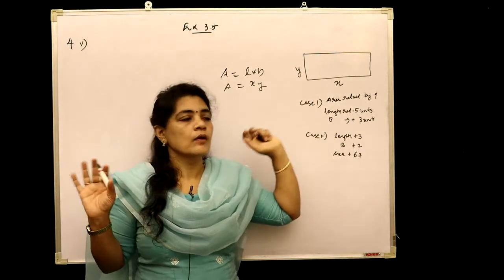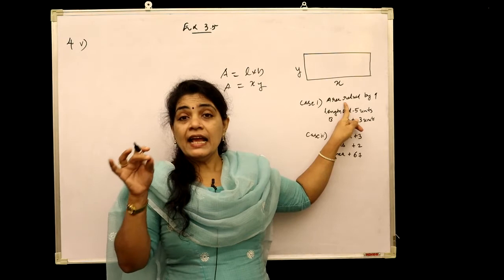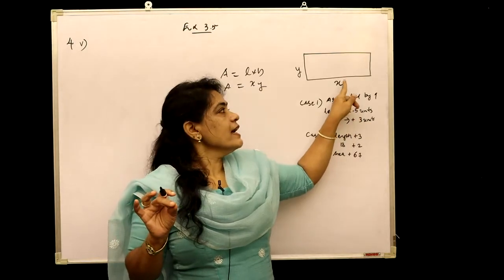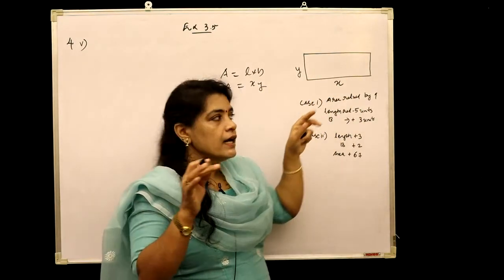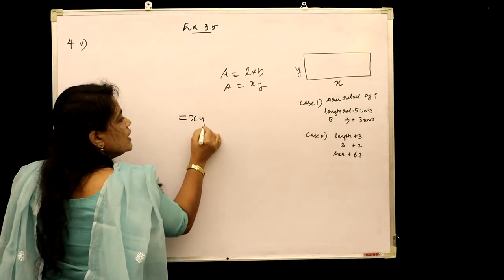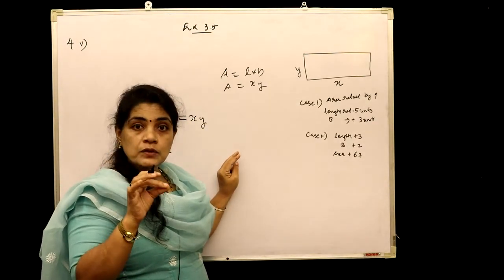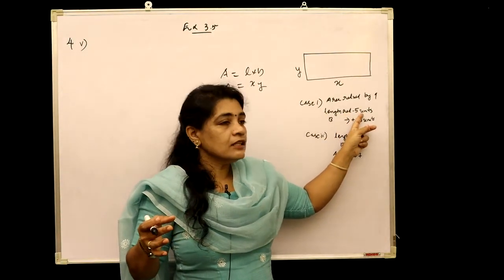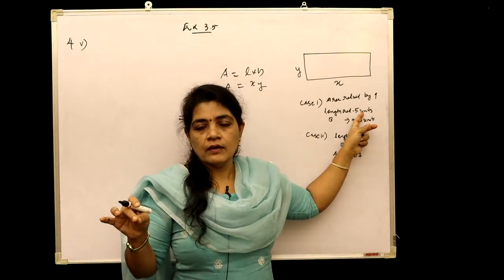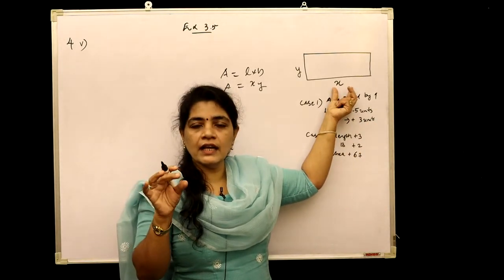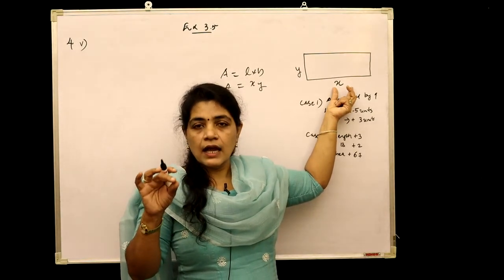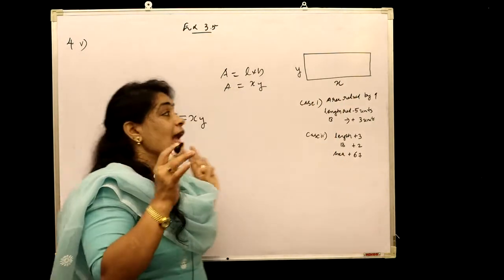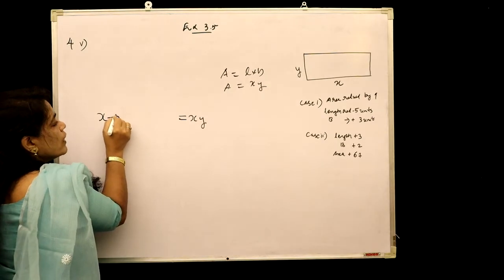That's clear. In case 1, the area is reduced by 9 square units. If it is x length and y breadth, the area is xy. This xy gets reduced when we reduce the length by 5 units. Initially we have taken the length of the rectangle as x, and if we subtract 5 units, the new length will be x minus 5.